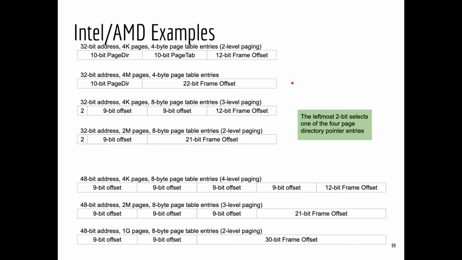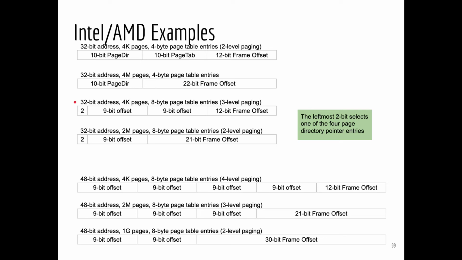The second format uses 1-level paging with the higher 10 bits for page number, or Intel calls it page directory, and the lower 22 bits for offset. The page size used by this format is 2 to the power of 22, which is 4 meg.